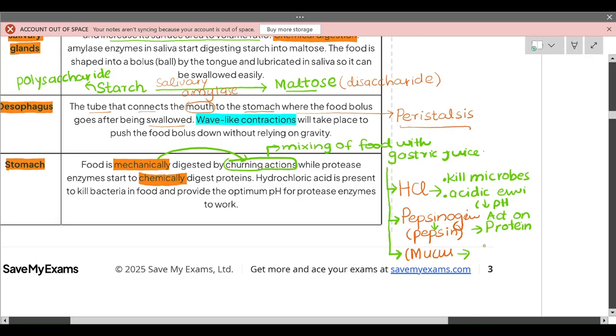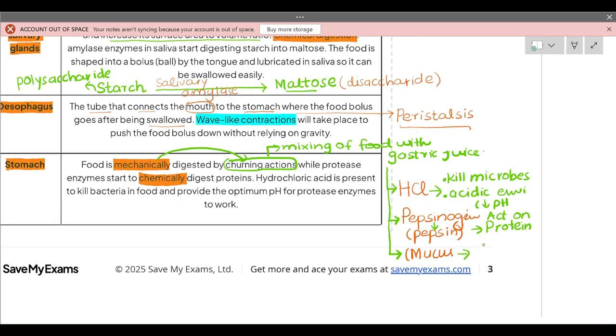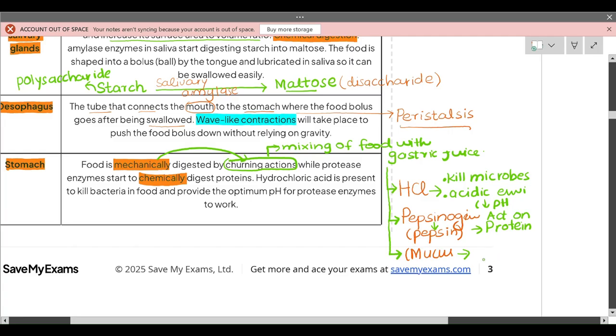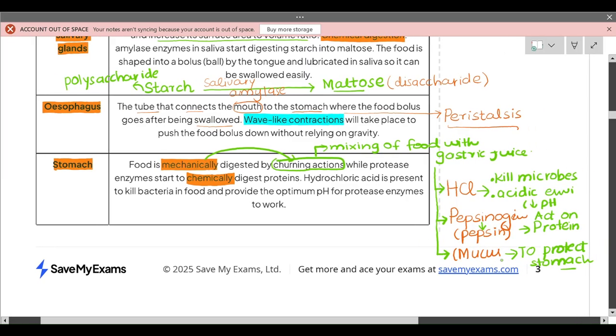But here, because the enzyme and HCl are present, the acidic conditions are performing the chemical digestion of protein, and we obviously don't want the stomach wall to be digested. In order to prevent that, the mucus is present to protect the stomach walls.